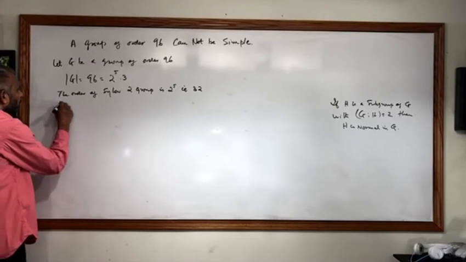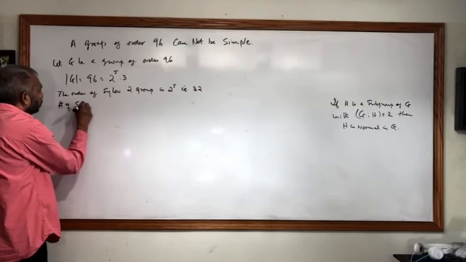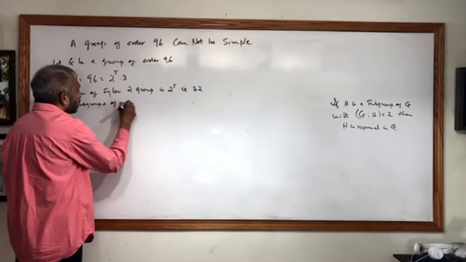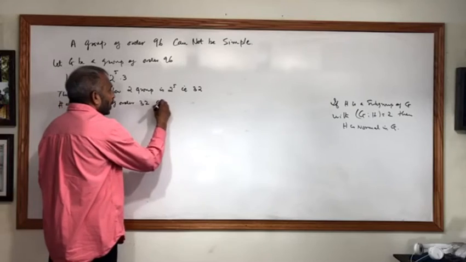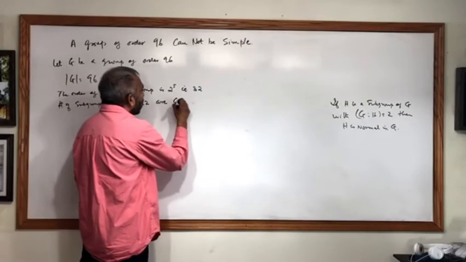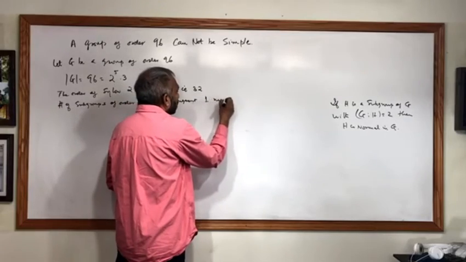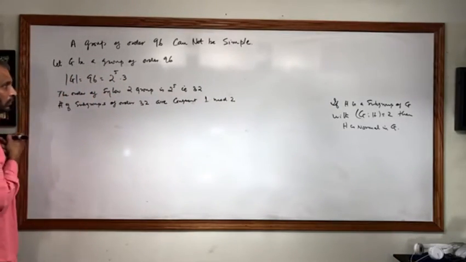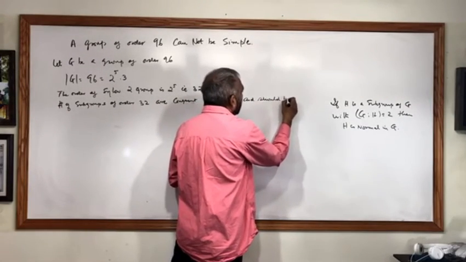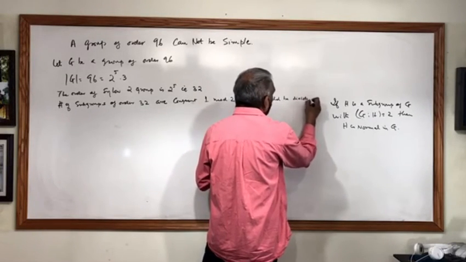So the number of subgroups of order 32 is congruent to 1 mod 2 and should divide 96.